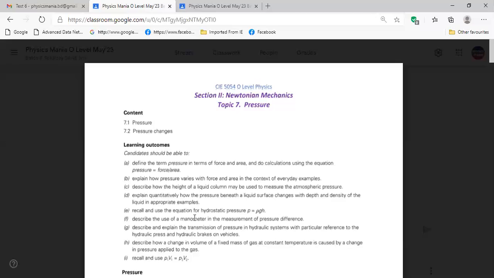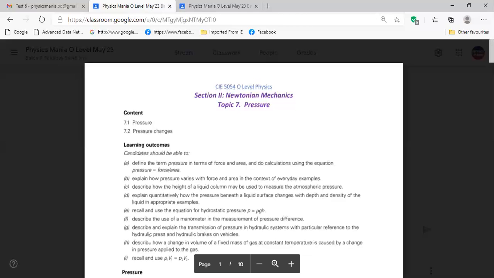Like in our house we have gas supply. How much pressure the gas has, we can find using the manometer. Also in a CNG filling station, they are also getting the pressure using the manometer.